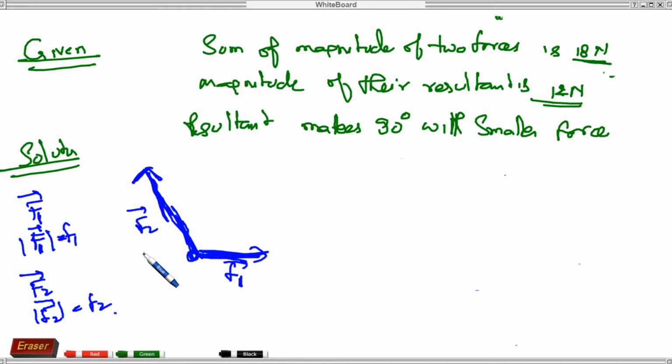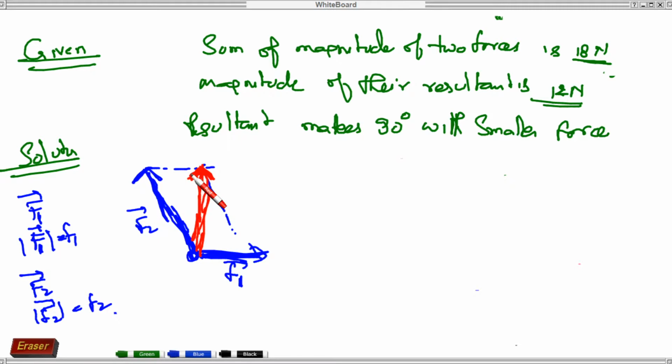I told you about the parallelogram law, so this will be the resultant.